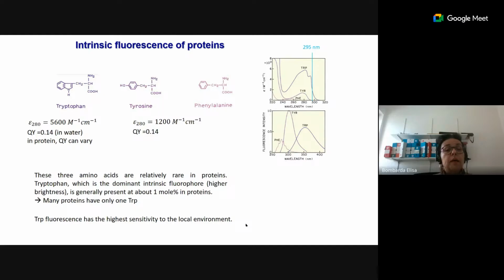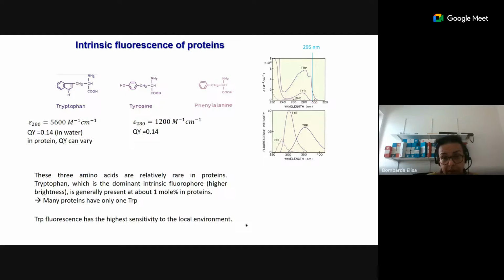Okay, so yeah, when we were talking about probes in general yesterday, we were saying that we can distinguish between two categories of probe: the intrinsic, in case of biomolecule, you can have intrinsic fluorescence, fluorophore, and you can have extrinsic fluorophore.